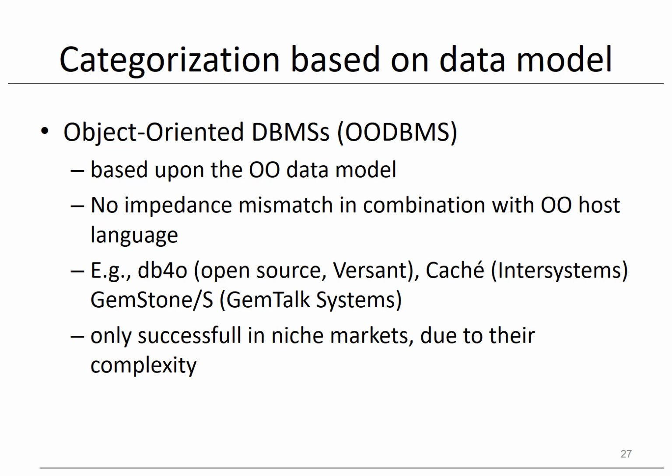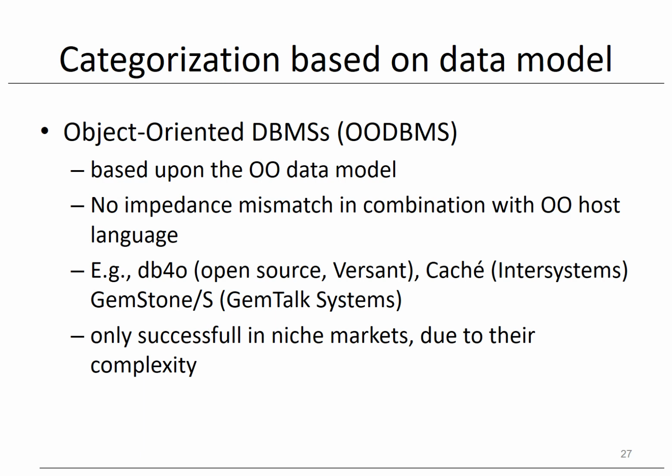Object-oriented DBMSs, or OODBMSs, are based upon the object-oriented data model. An object encapsulates both data, also called variables, and functionality, also called methods. When combining an OODBMS with an object-oriented programming language, such as Java or Python, there is no impedance mismatch, since the objects can be transparently stored and retrieved from the database.